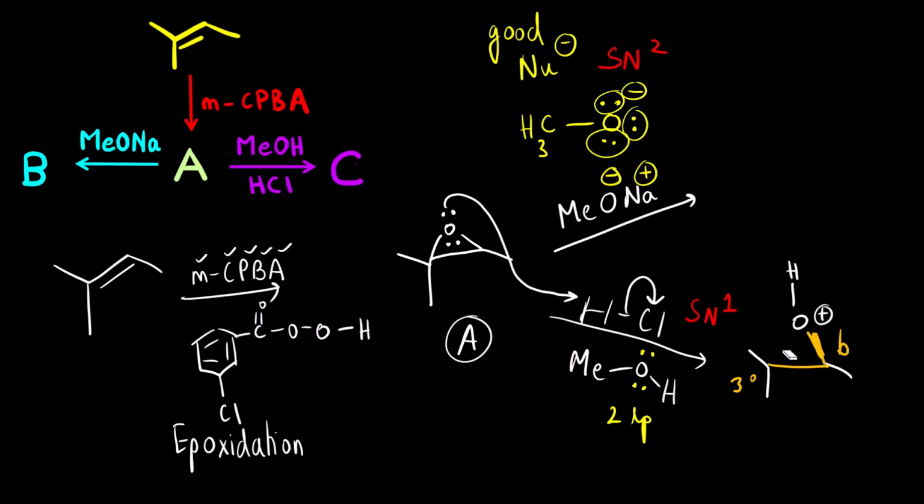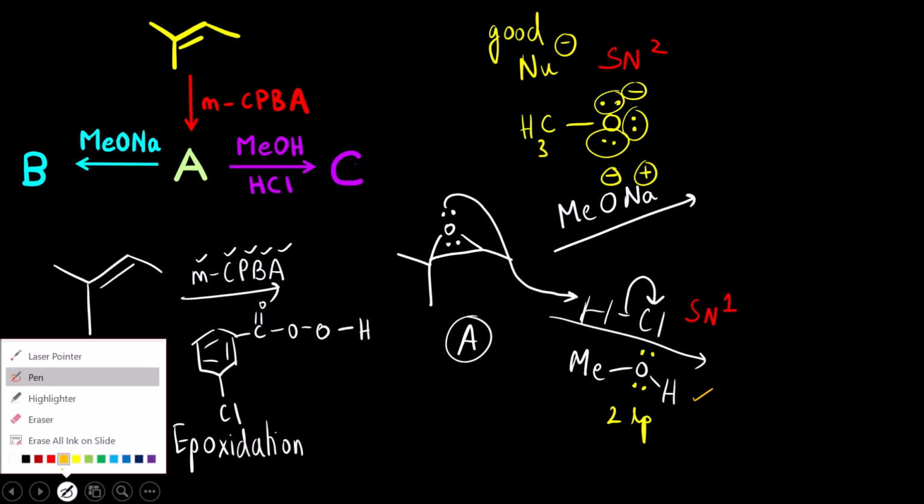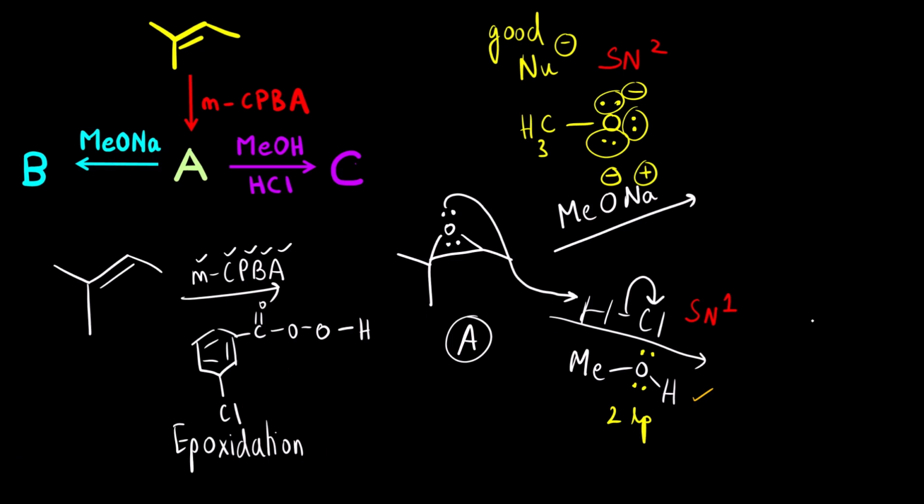And suppose I break this bond B, here the positive charge is formed, a secondary carbocation is formed. So which is more stable? We know tertiary is more stable because there are three R groups that are donating, whereas in secondary there are fewer. So let us draw again. Which carbocation will be formed? It is the tertiary carbocation.